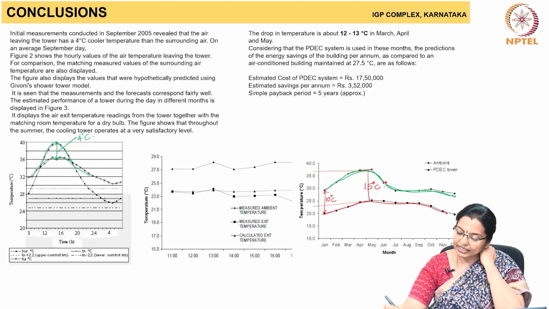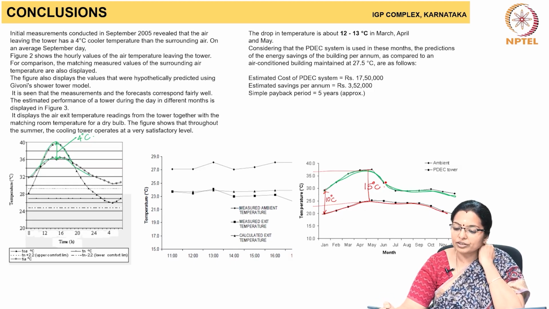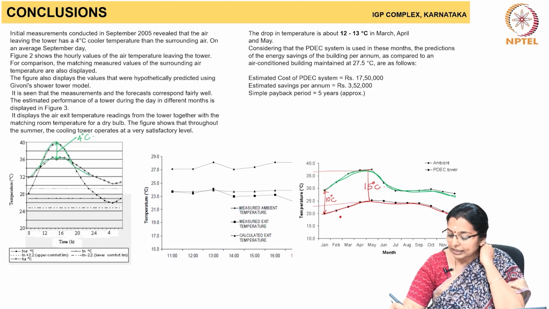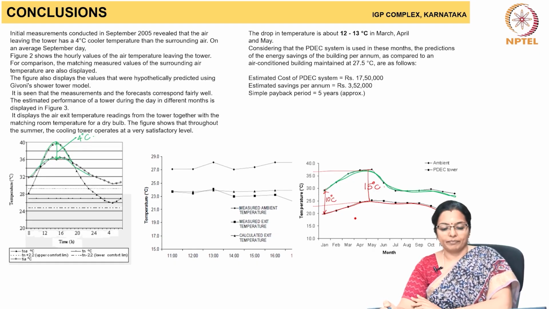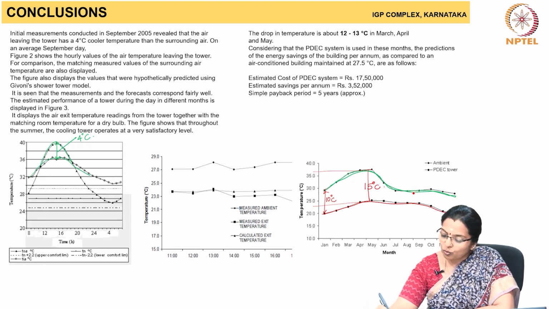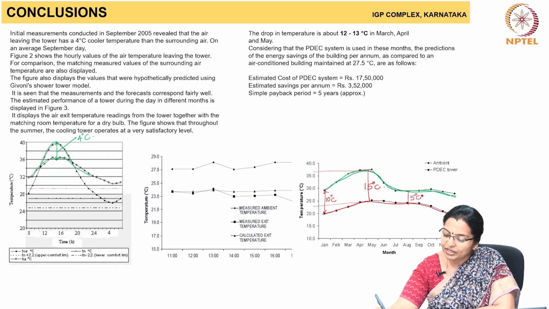So you can see that there is a temperature difference of 10 degrees centigrade in January and 15 degrees centigrade in May. And of course, during the cooler months, there is a decrease in the temperature difference.